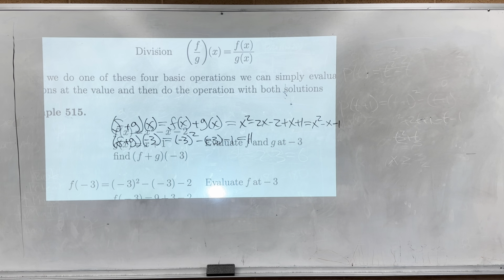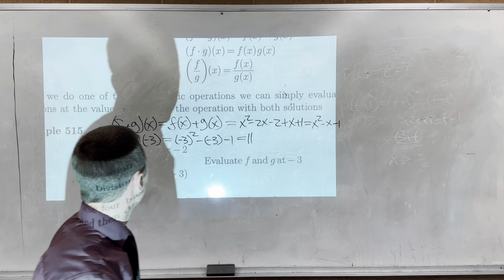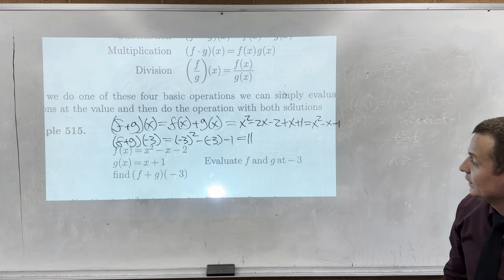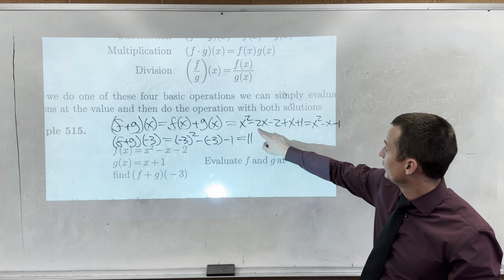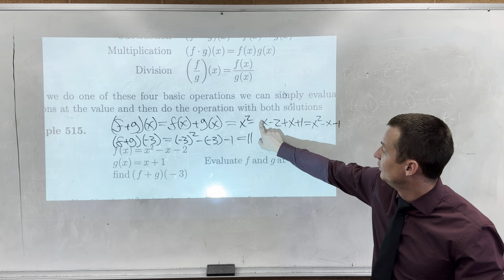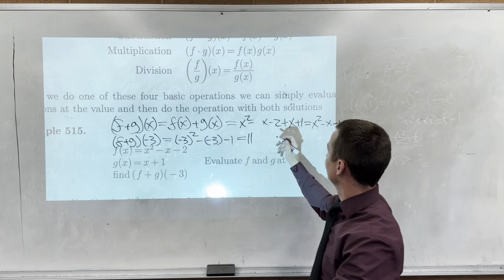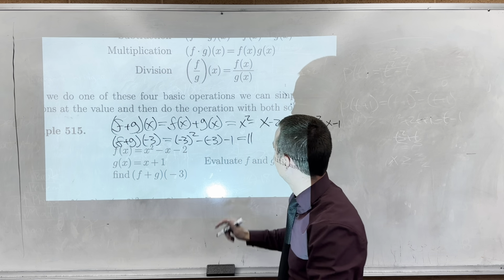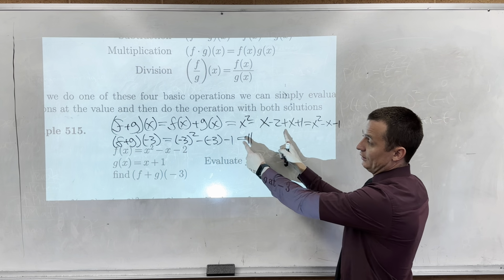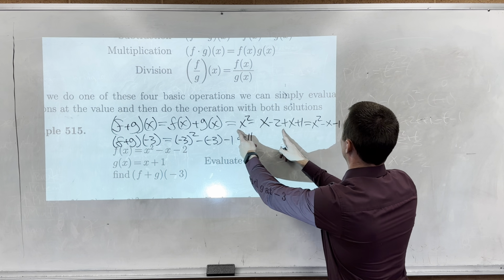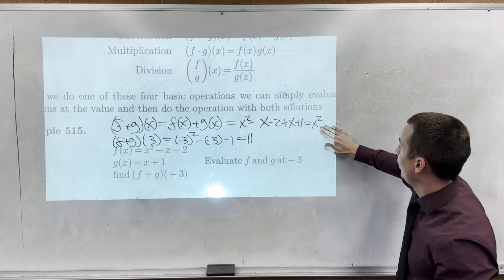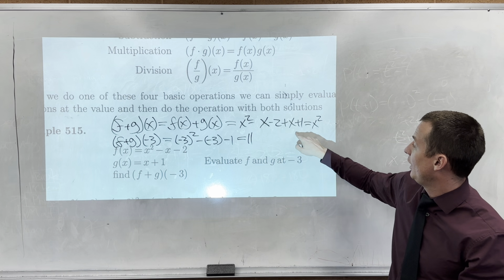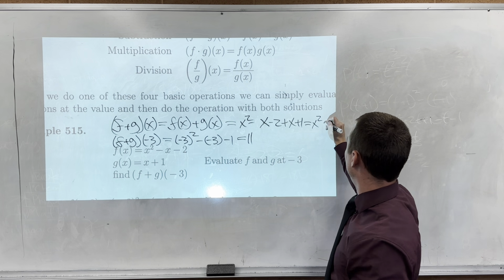Let's go back. Okay, let's see, what did we mess up? Why do I have a 2 there? Okay, that's what we messed up. Here's f, here's g. So when we do all that, the x's go out, and we're left with just -1.